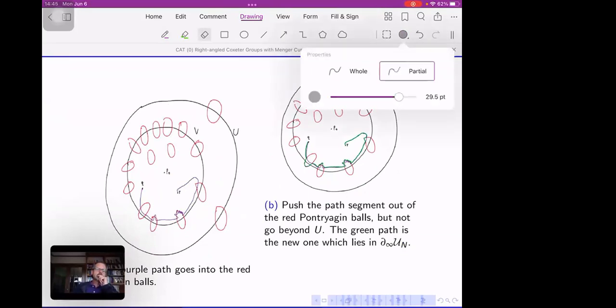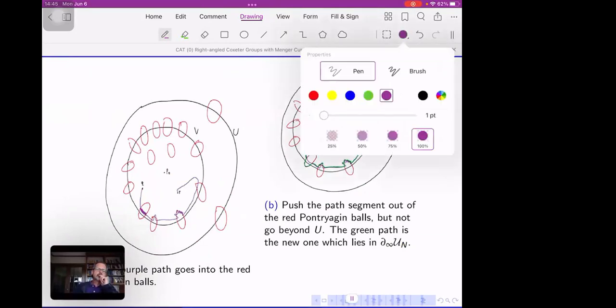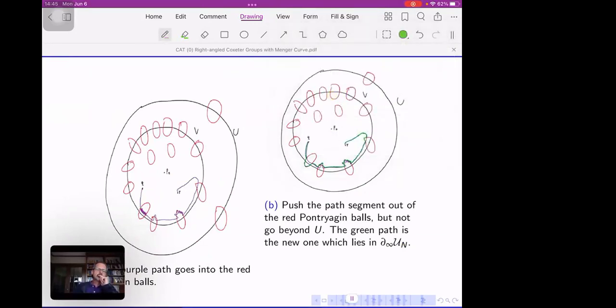So for example, for this one, we can push this to here. And for this one, we can push it to here. So after this push, we can have a new path. That's the green path.